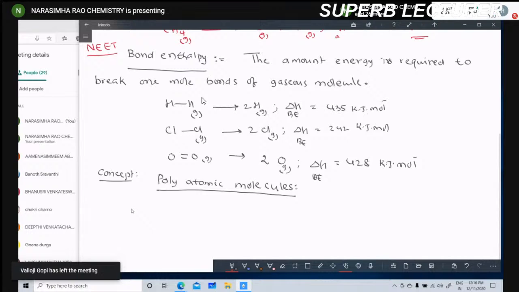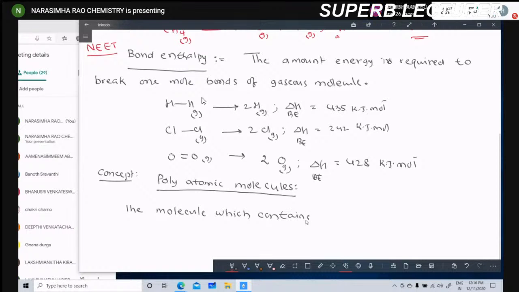In case of the molecule which contains more than 2 atoms, it is called a polyatomic molecule.